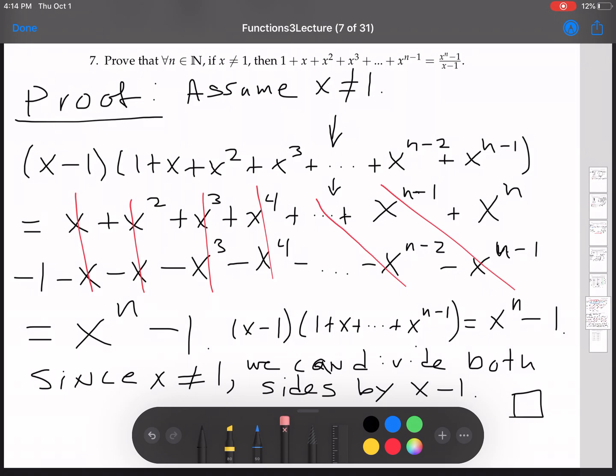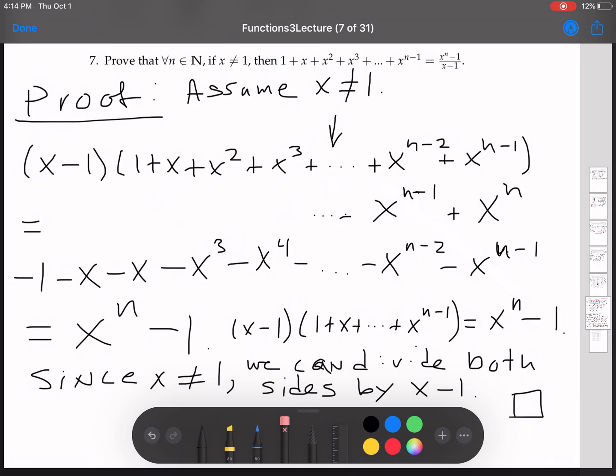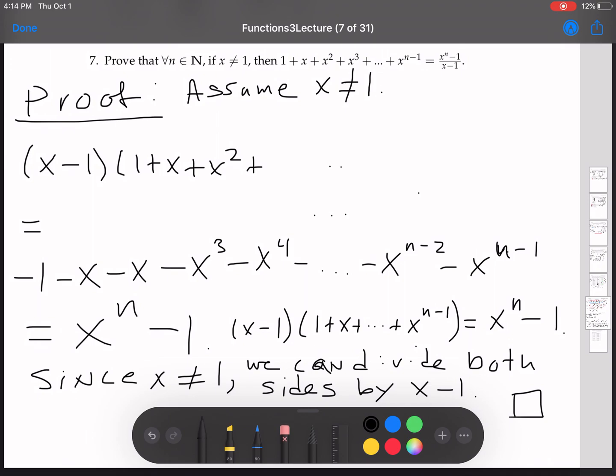Maybe you don't quite see that, so let me just draw that in real fast so you can see what I'm doing. Plus x to the n minus 1 is equal to x to the n minus 1.